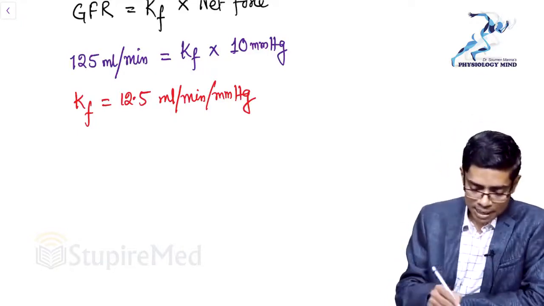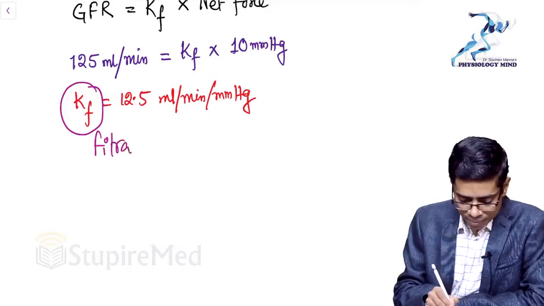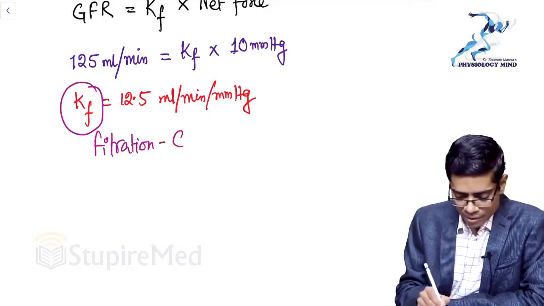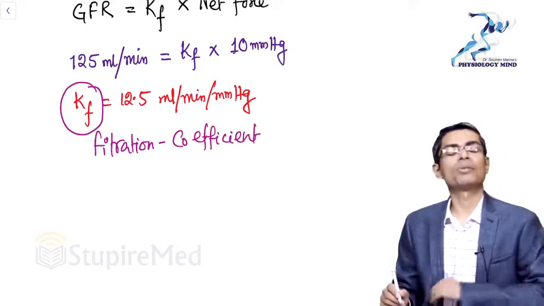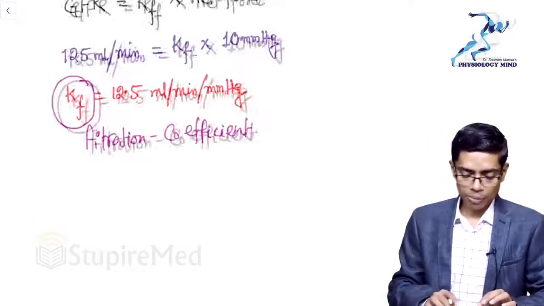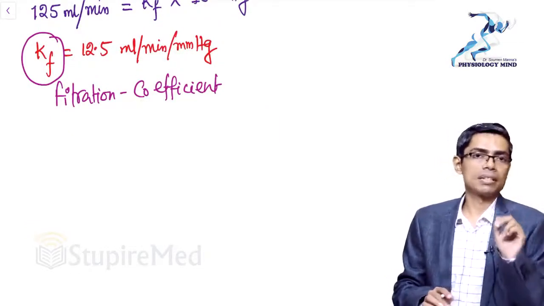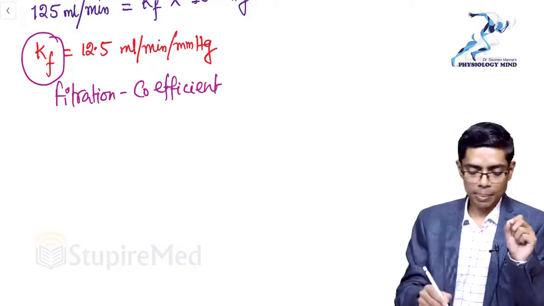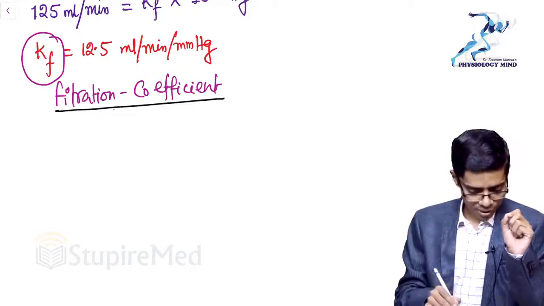So this Kf is known as the filtration coefficient. It's a constant. Obviously this filtration coefficient depends on certain parameters. What are the parameters on which it depends? Two things.